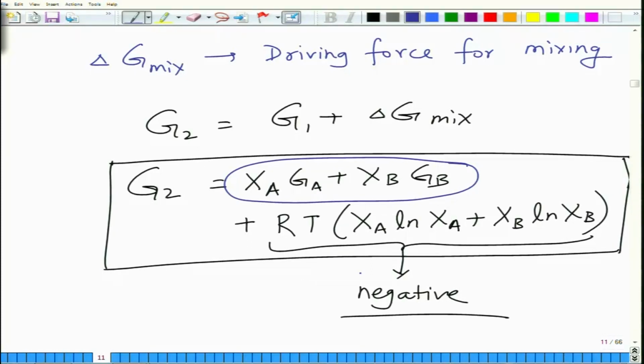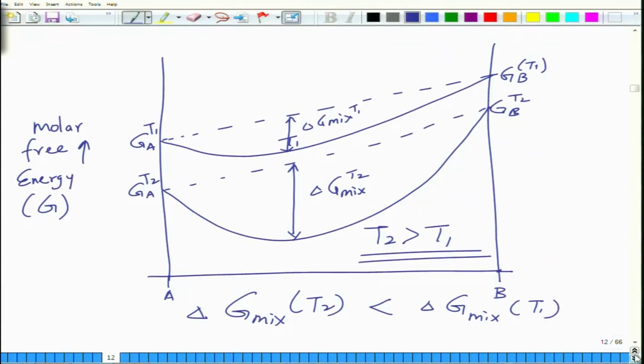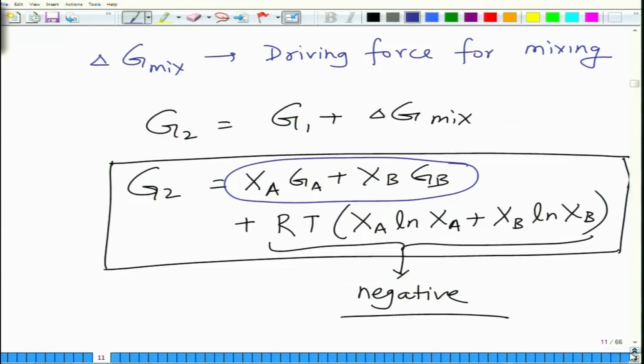This is what is true for most systems that make a stable solid solution: when you mix them together, delta G of mixing is negative.